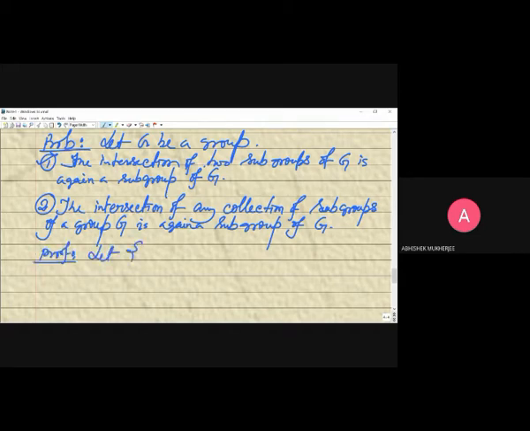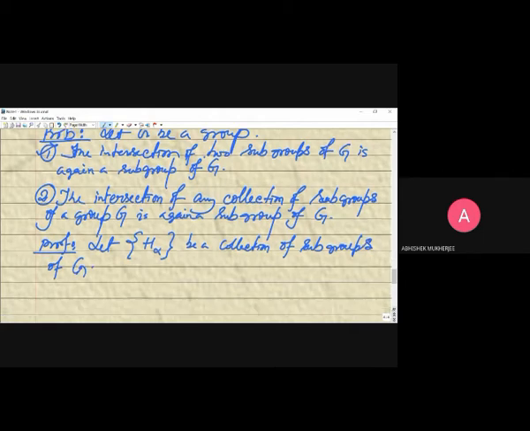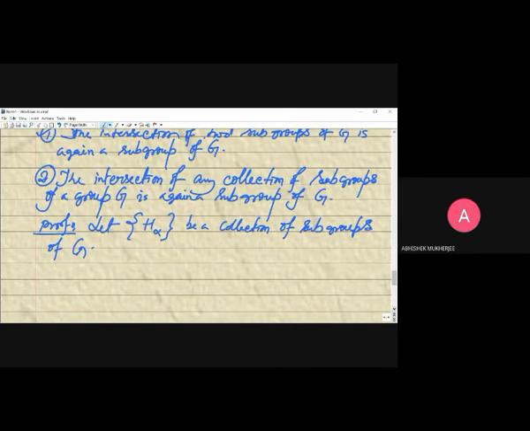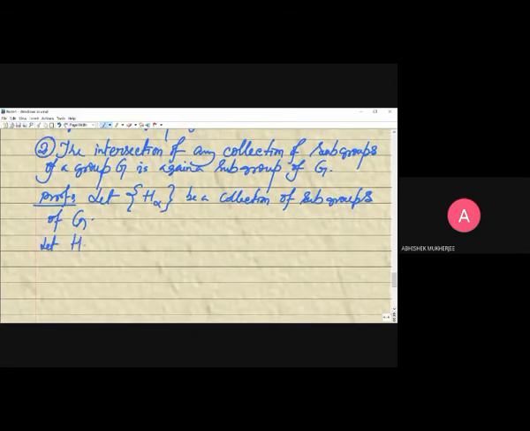So let H alpha be a collection of subgroups of G. Then let H be the intersection of H alpha, where alpha belongs to some index set delta, an arbitrary set.